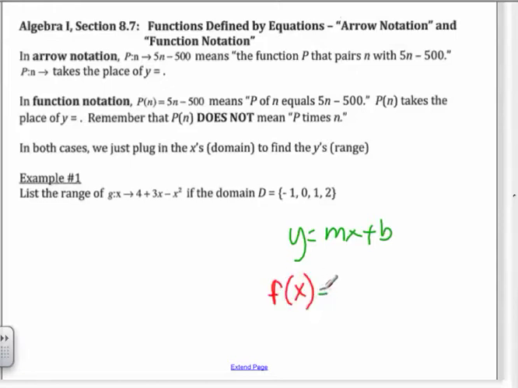Now, you'll remember from 7th grade when I told you that that does not mean f times x. That's the name of this stuff over here in green. This function has a name, and we're calling it f. Sometimes we work with more than one function at a time.